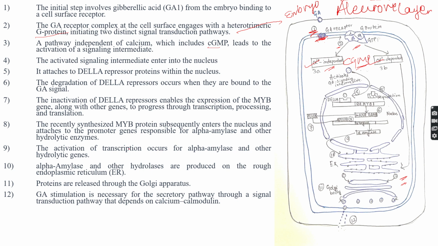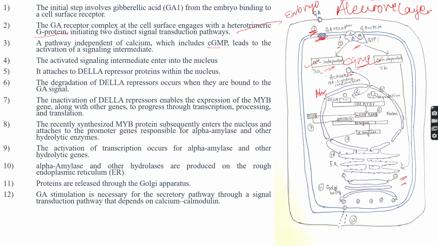Okay, so the activated signaling molecule, or signaling intermediates, basically enter into the nucleus. Through this calcium independent pathway, this activated GA signaling intermediate will enter into the nucleus. This is the nucleus.